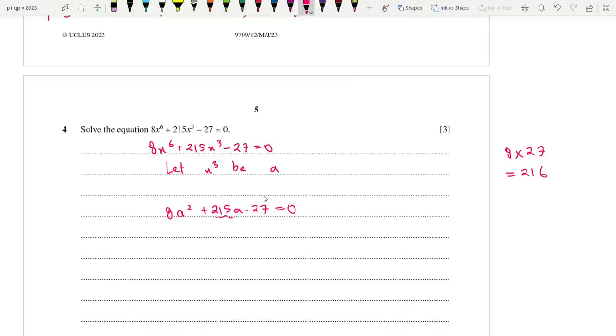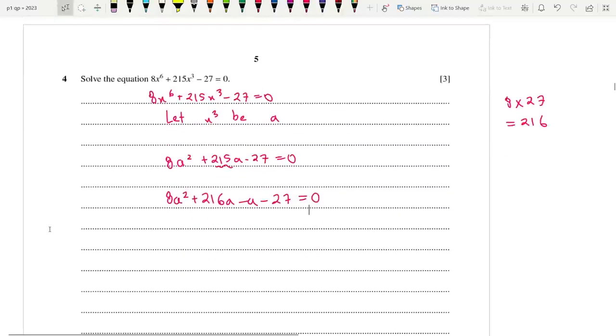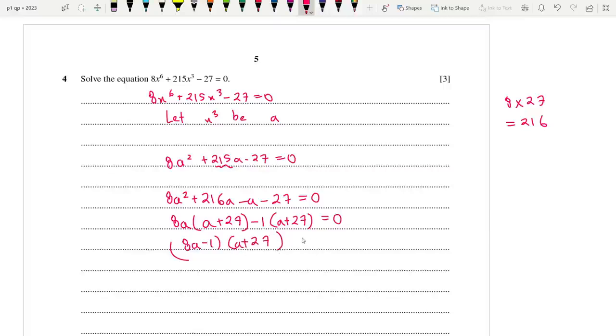I think this could work. 216a minus a, plus 216a minus 27 equals 0. Let's try doing this. If I take 8a, I get 216 by 8 is 27. a plus 27 minus 1, a plus 27 equals 0, which is 8a minus 1 and a plus 27 is equal to 0. I know that the multiplication must be equal to 8 into 27, and the subtraction must be equal to 215. That's how I find this out.